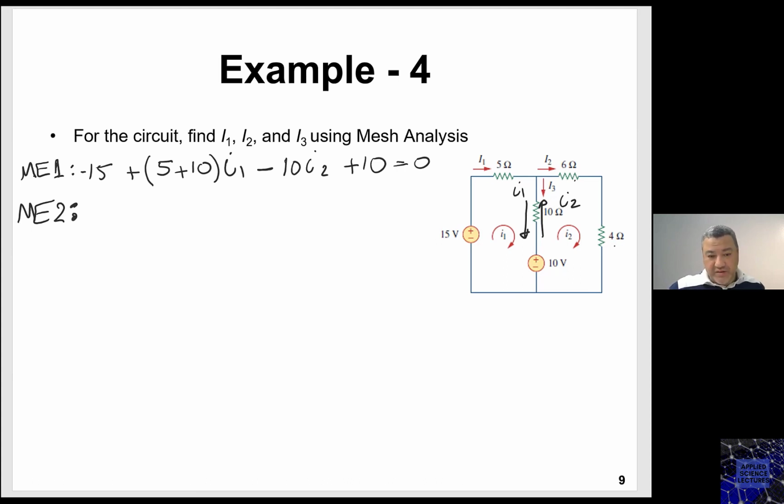Okay, that's all right. I have Rabia here: minus 10 plus 10 I3. It's I2, not I3. Okay, hold on a second.